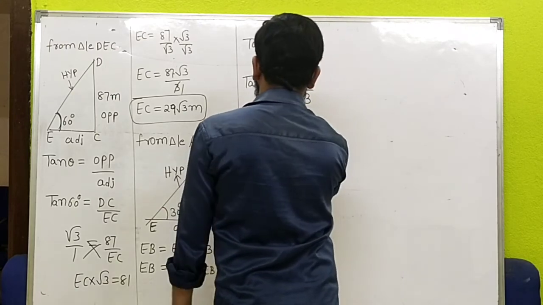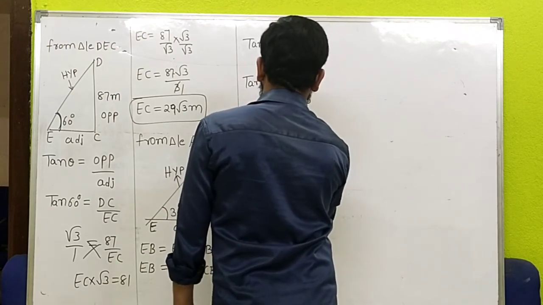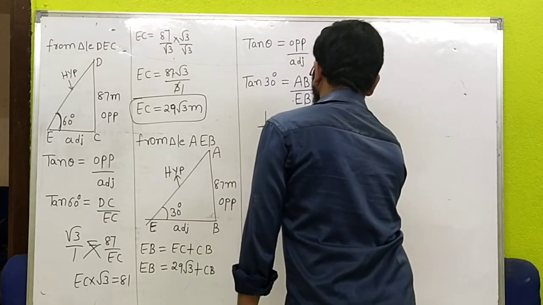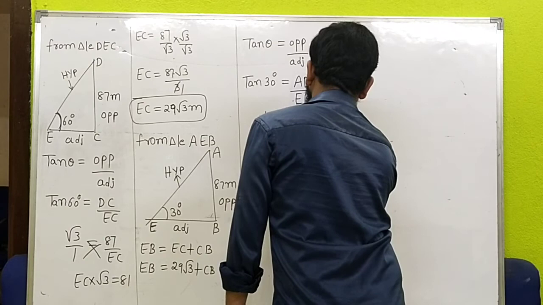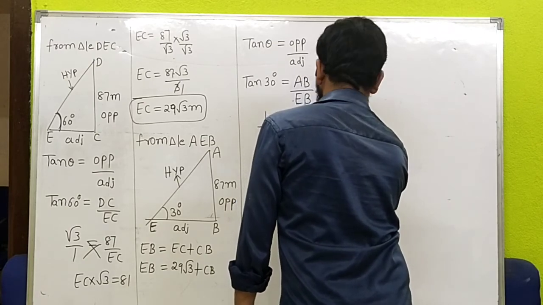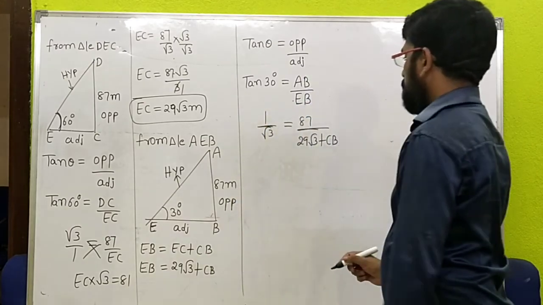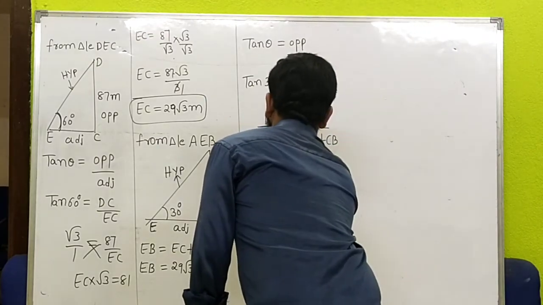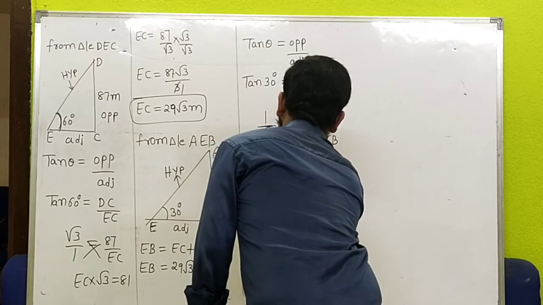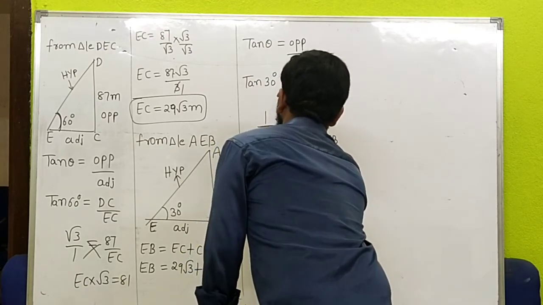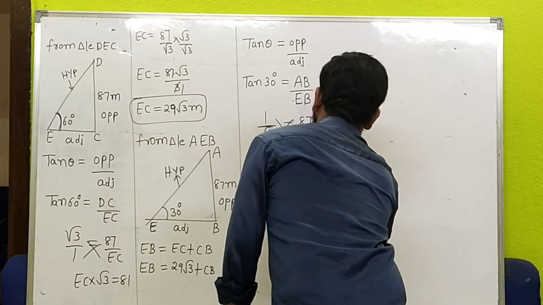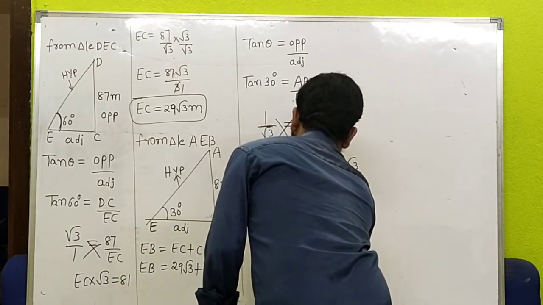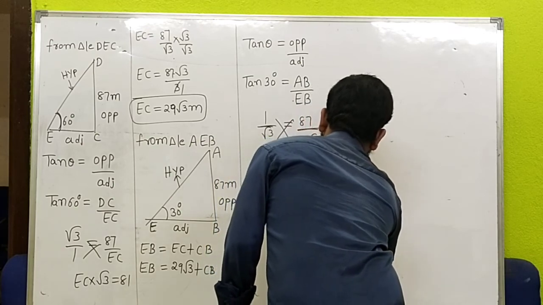So tan 30 is 1 by root 3, equals AB, which is 87, by EB. EB equals 27 root 3 plus CB. Cross multiplication: 27 root 3 plus CB into 1 equals 87 root 3.